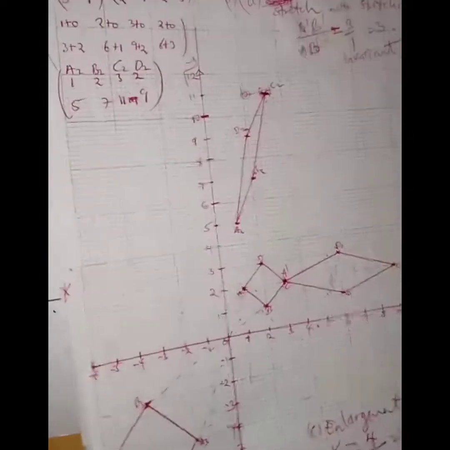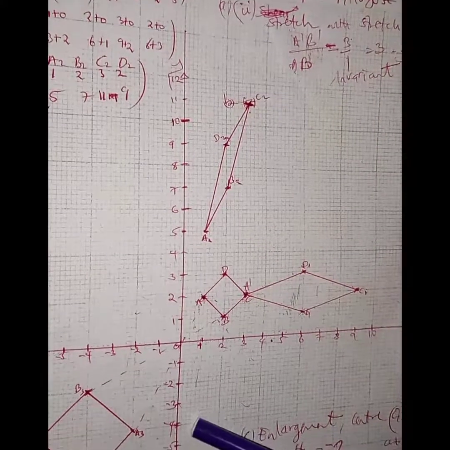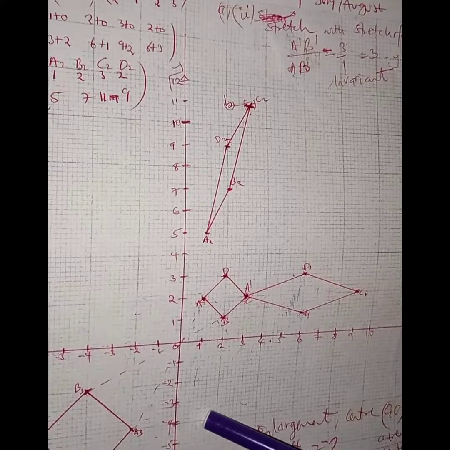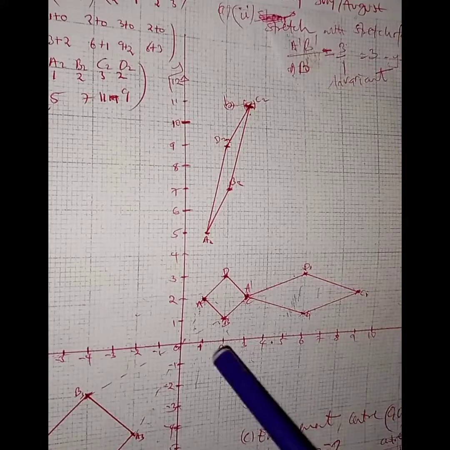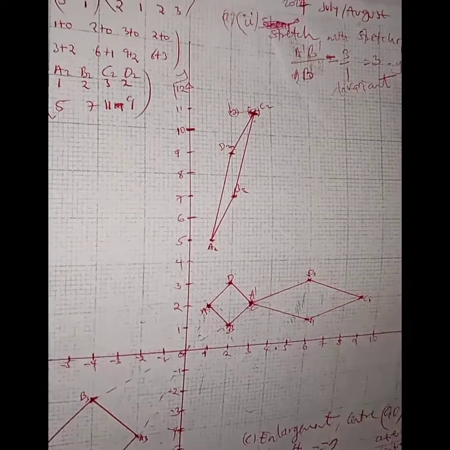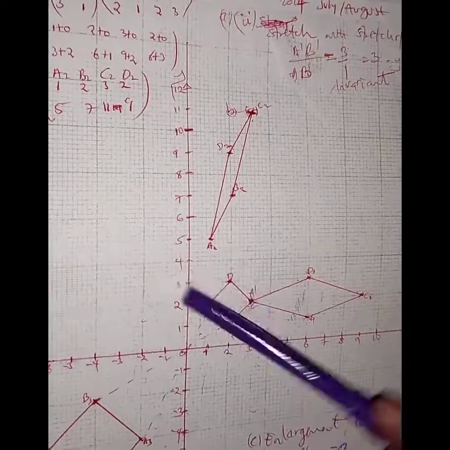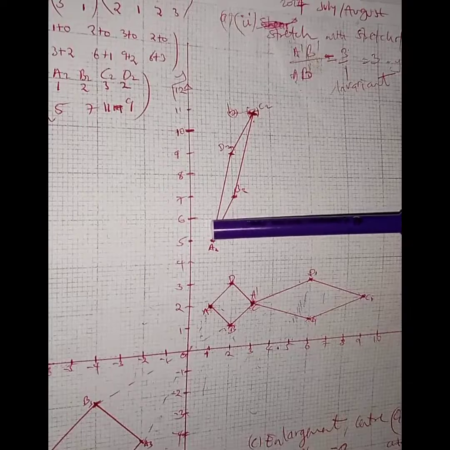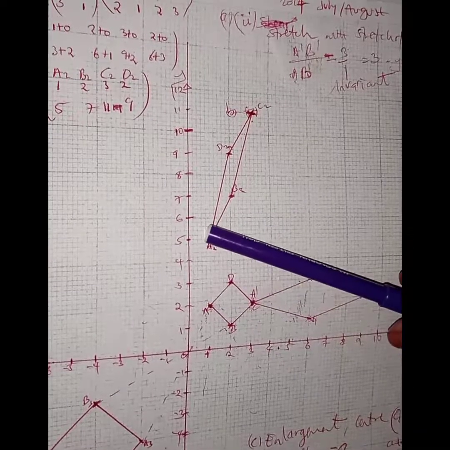In this case, the y-axis is invariant. It was the one which the shape never moved away from in that direction. So you get any two corresponding points. The A object is here, the A image is here. From A to A image, how many units? Look, 1 unit, 2 units, 3 units.